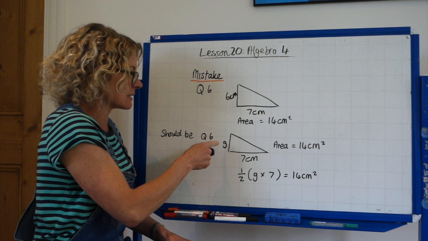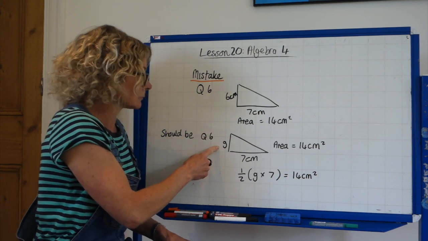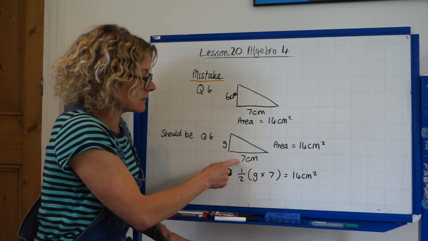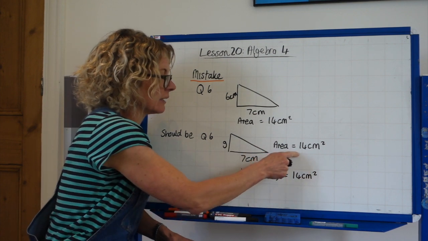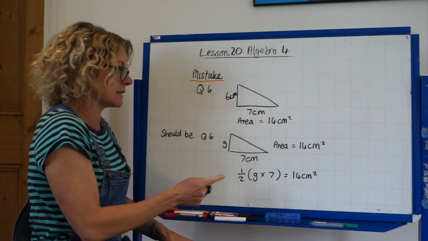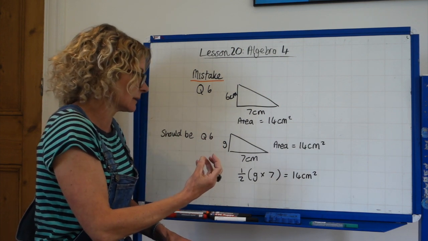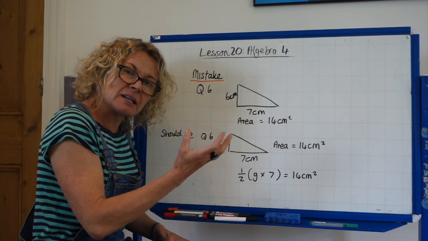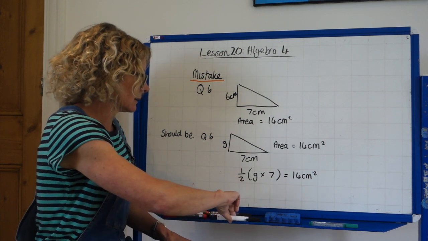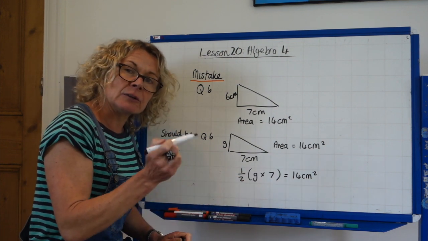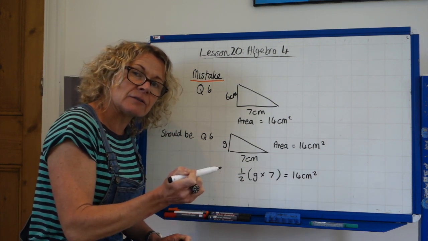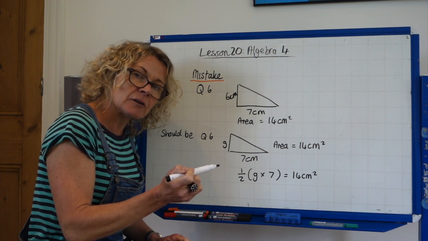This 6 centimetres should have been a g. So g here, 7 centimetres here, and an area equaling 14 centimetres. So you had to find out what the g was worth, okay? Let's go through it, seeing as it is quite a difficult one anyway. Remembering your formula for finding the area of any triangle: half base times height.